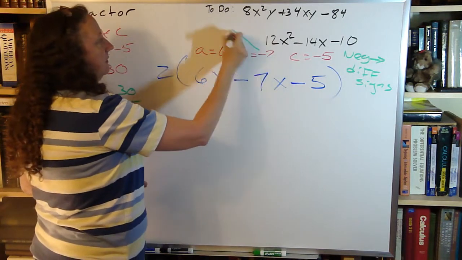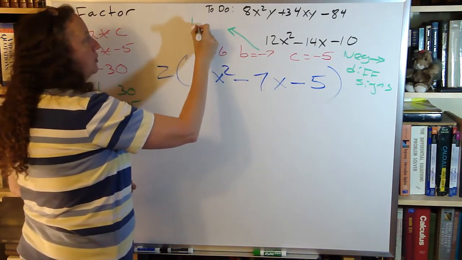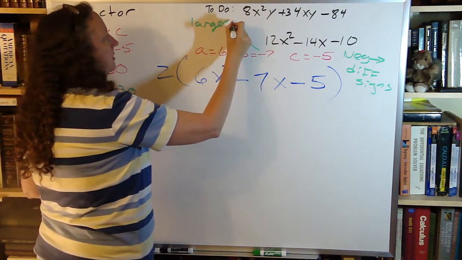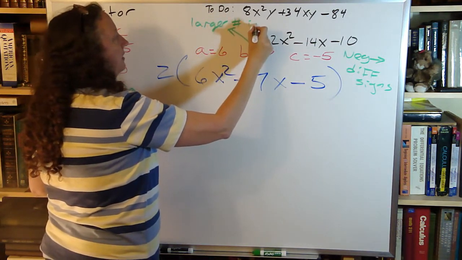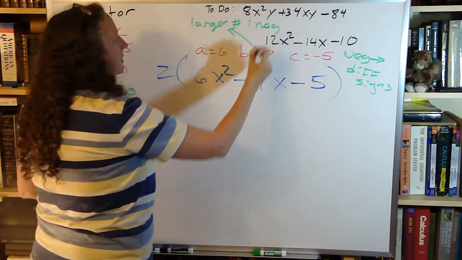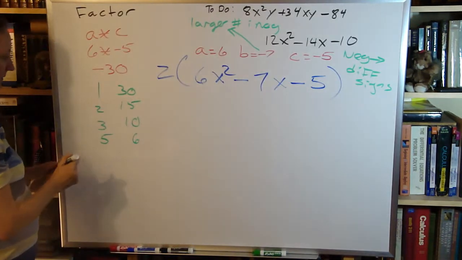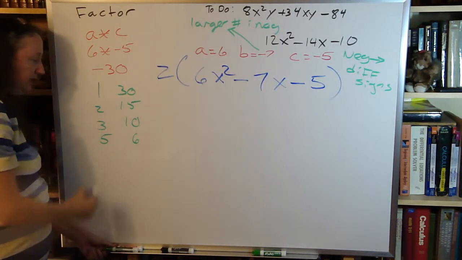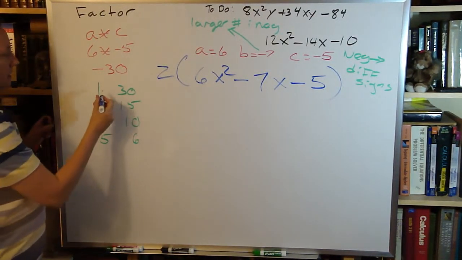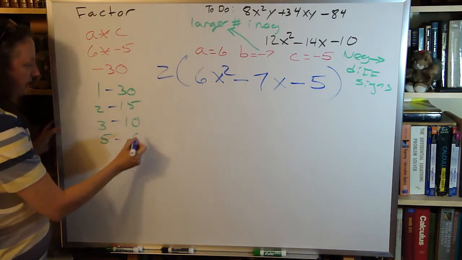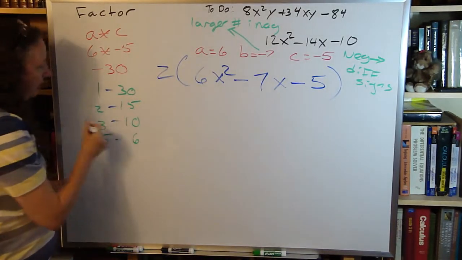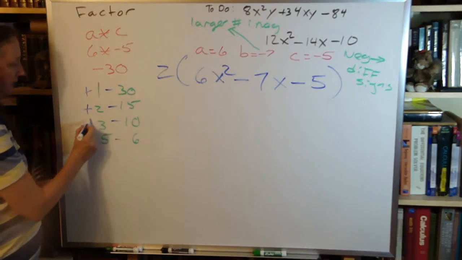B is negative, so my larger number is negative. So I take that information over here. Different signs, so these are positive numbers here.